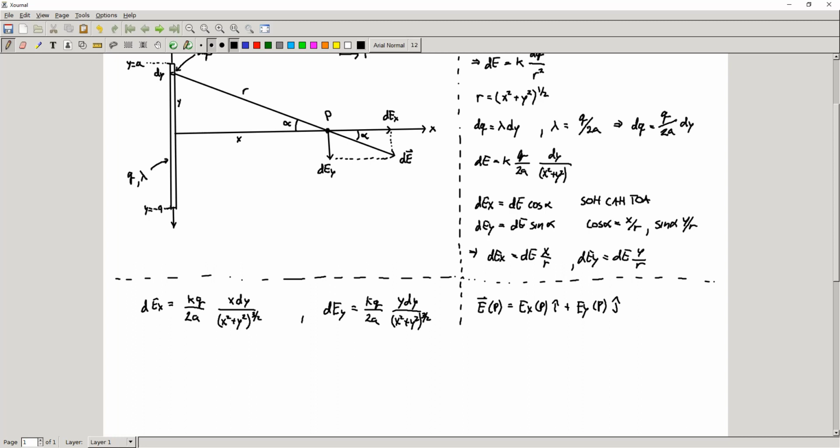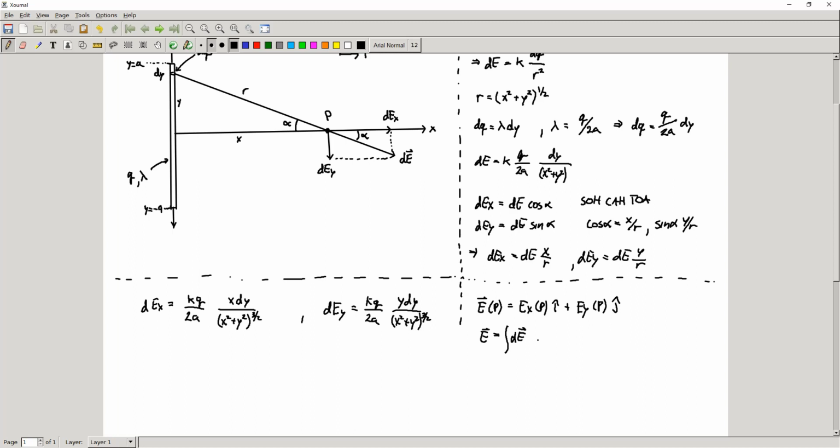And how do we get this E? Well, our plan here is going to be to get the E by taking the integral of all these individual little dE's, right? And so we're basically breaking up the problem. We're going to break up this vector integral into two scalar integrals that we want to do.